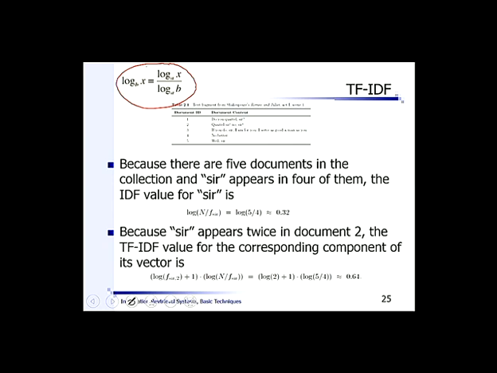For example, you want to calculate the value of log base 2 of 5 over 4, which is 1.25. Let's say on your calculator you only have log of base 10. So by using this formula, how will you convert it to log base 2?